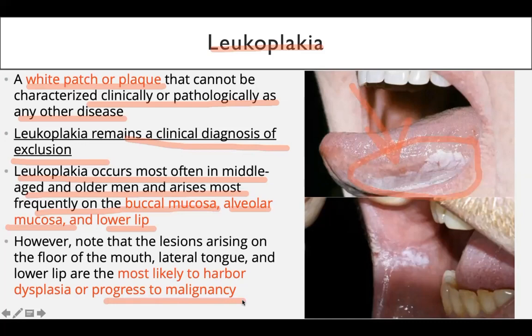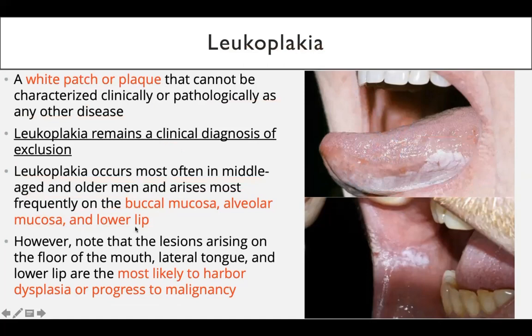So leukoplakia is mostly on the buccal mucosa and alveolar mucosa, where the teeth attach to the sockets of the maxilla and mandible, and then on the lower lip.